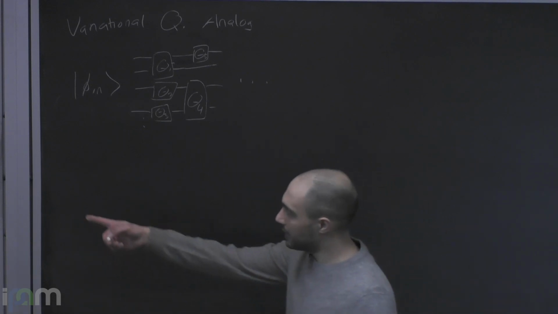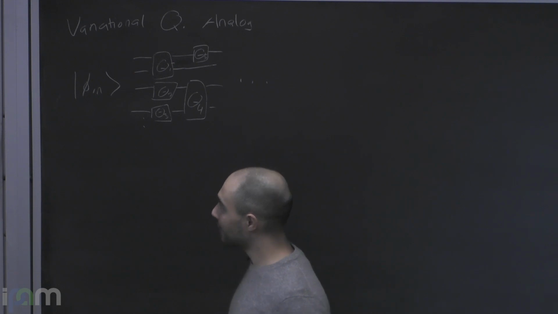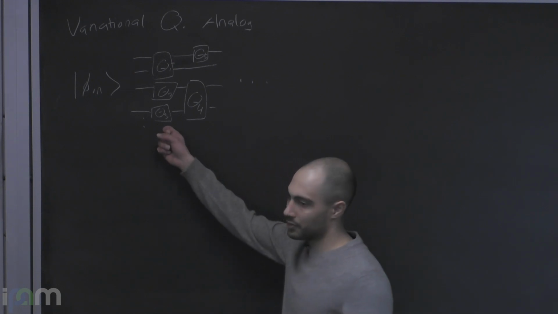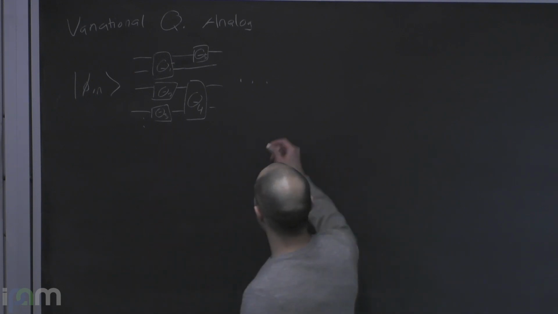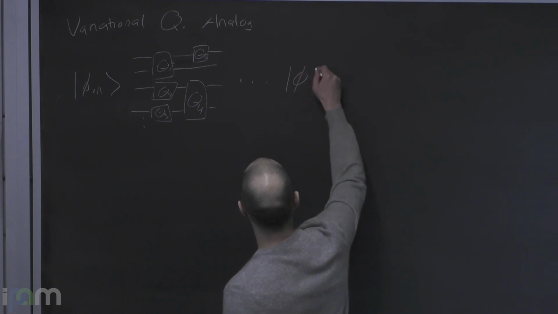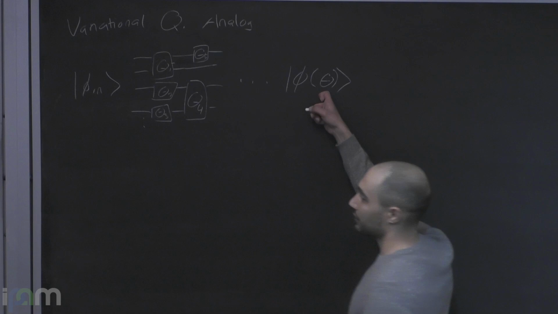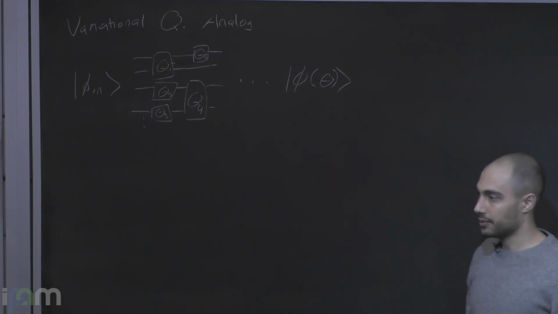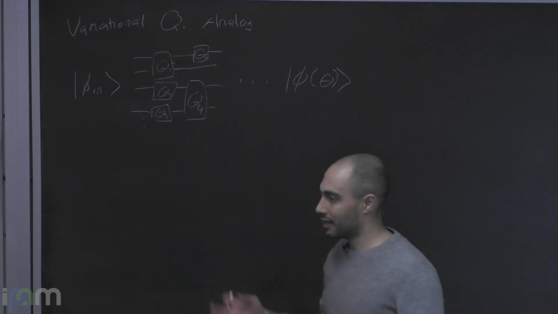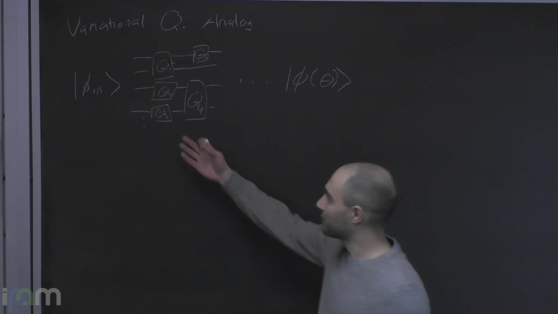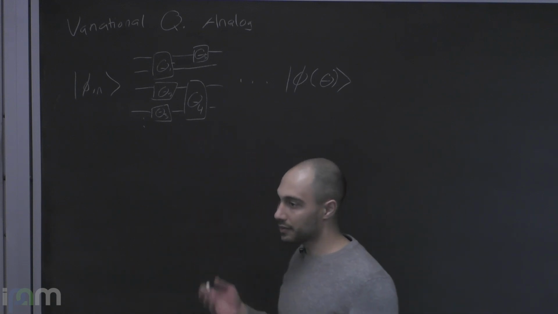So these weight matrix entries over there take the role of these parameters here. When we do this procedure, we get some phi, which is now a function of our theta, our choice of parameters. These are all gates that we can vary in some way. An example is a rotation.